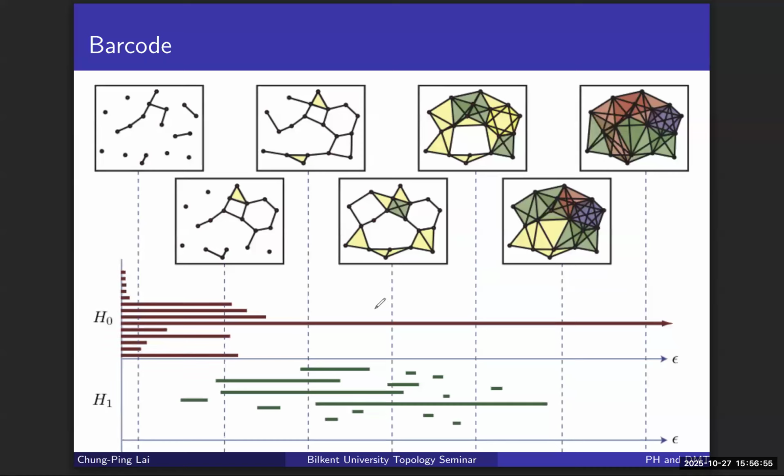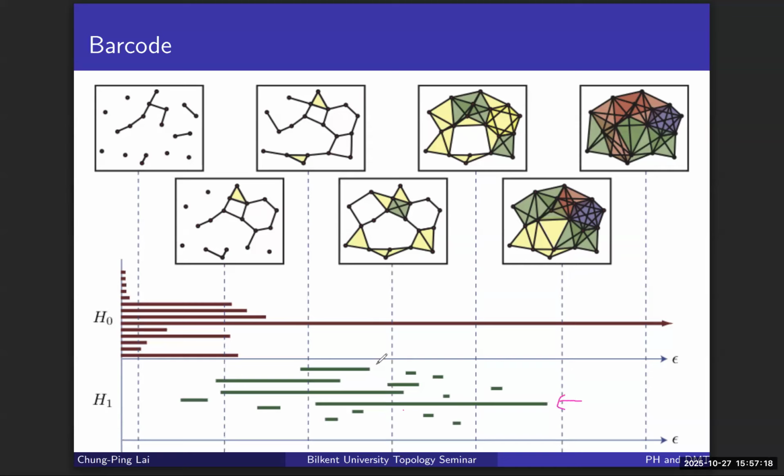So the claim is that if a certain homological feature persists a very long time, which is where the name comes from, then we may be tempted to say that this feature is more significant. For example, this H1 has this bar.